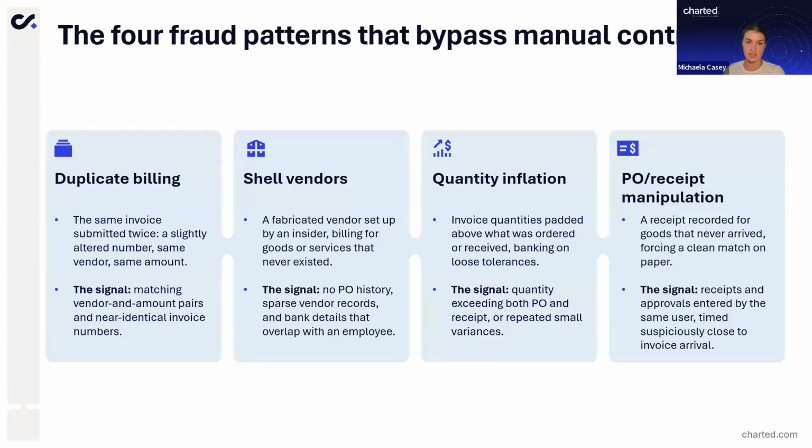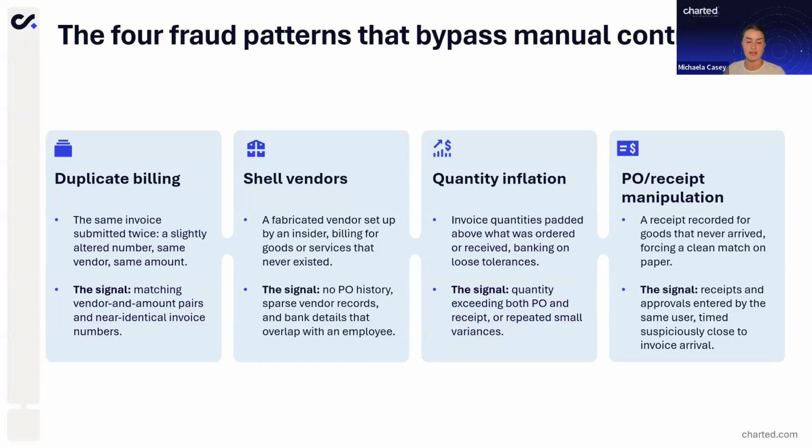The signal here is the invoiced quantity exceeds both the purchase order and the receipt, or maybe you have a recurring amount of small variances from the same vendor. Any single instance just looks like noise. The pattern is unmistakable if someone is actually looking.